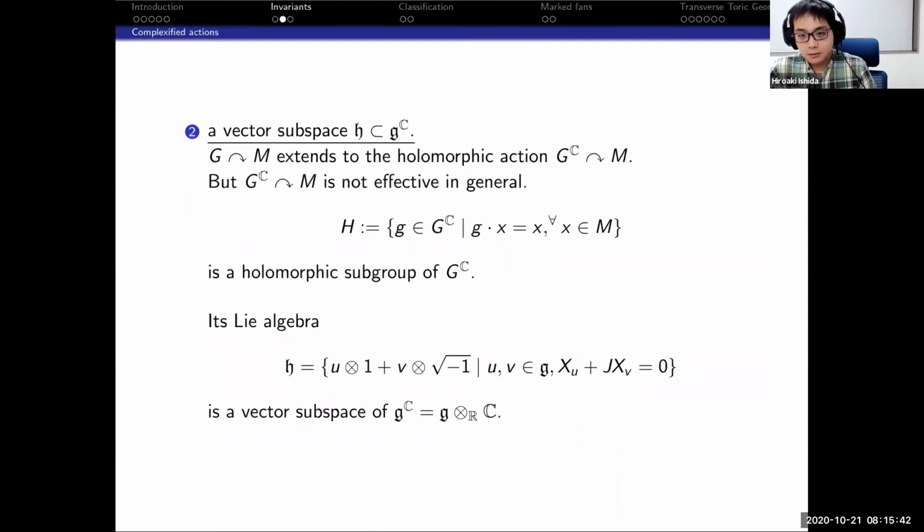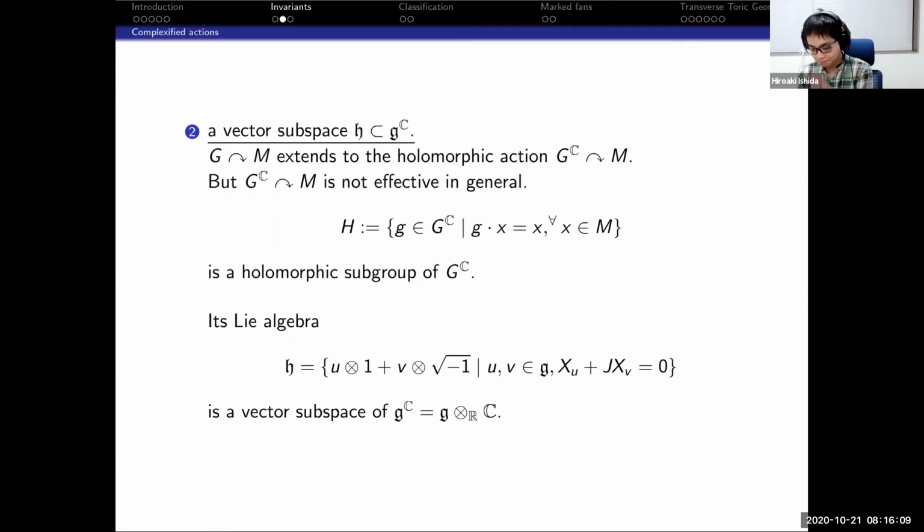Now we deduce the vector subspace h in the complexified Lie algebra. Since the torus action on M preserves the complex structure, this torus action extends to a holomorphic action of the algebraic torus G_C on the manifold.